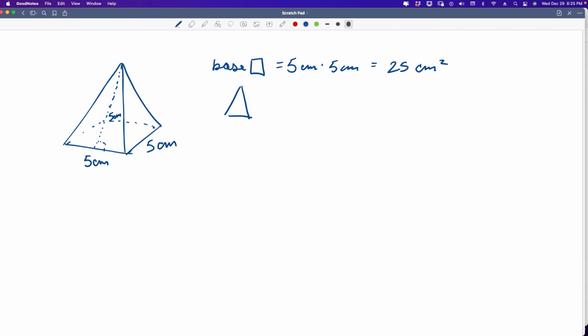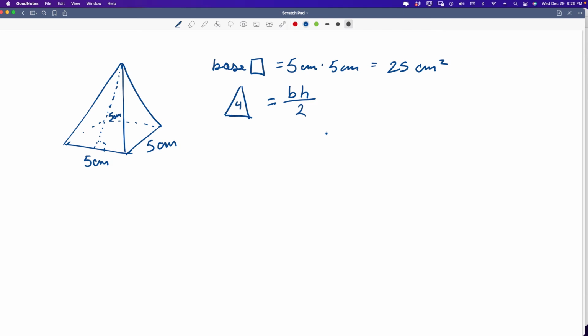Now, because this is a square, it is a regular polygon. So that means we have 4 sides that are exactly the same. And the formula for a triangle is base times height divided by 2 for the area.